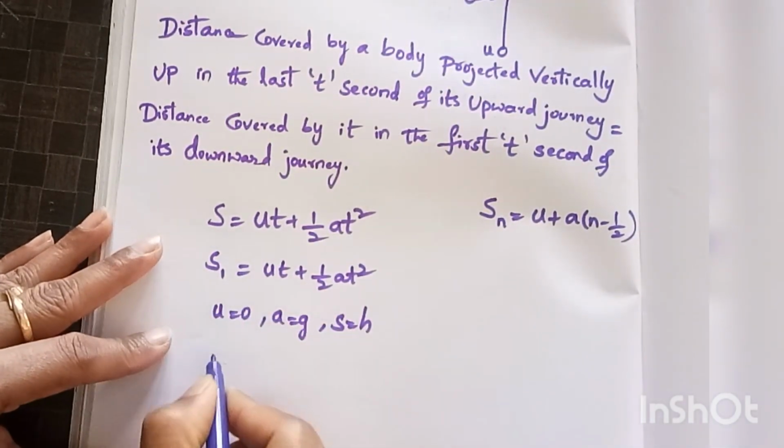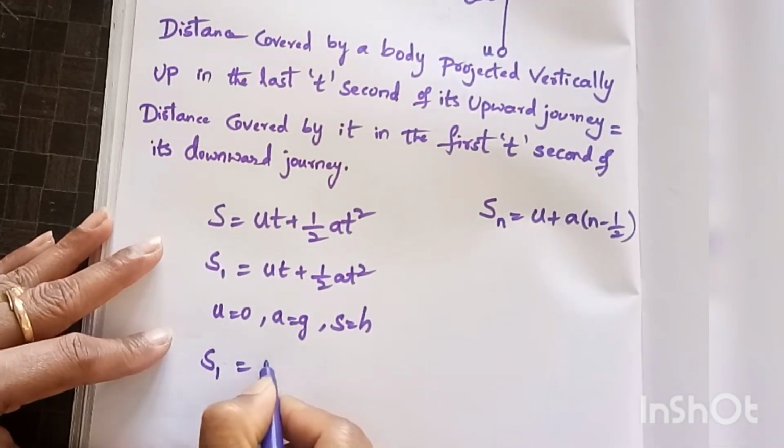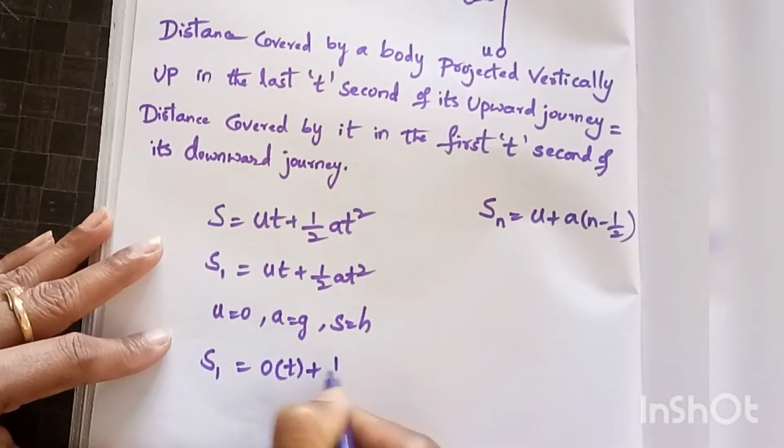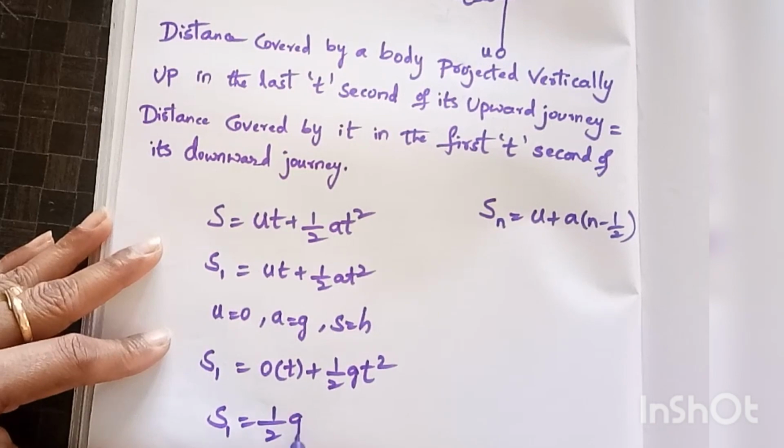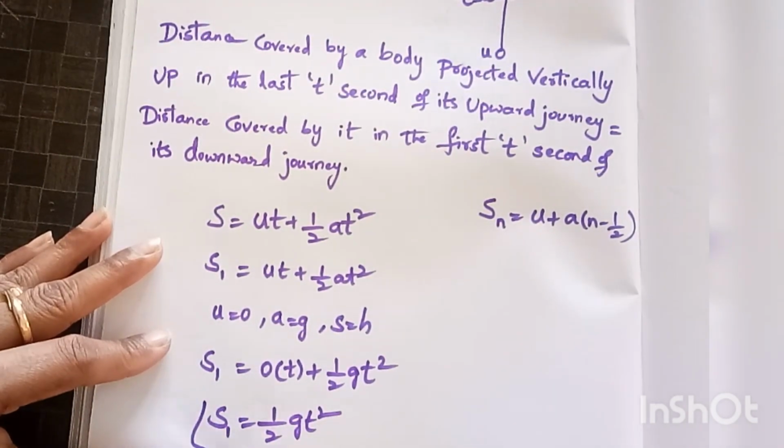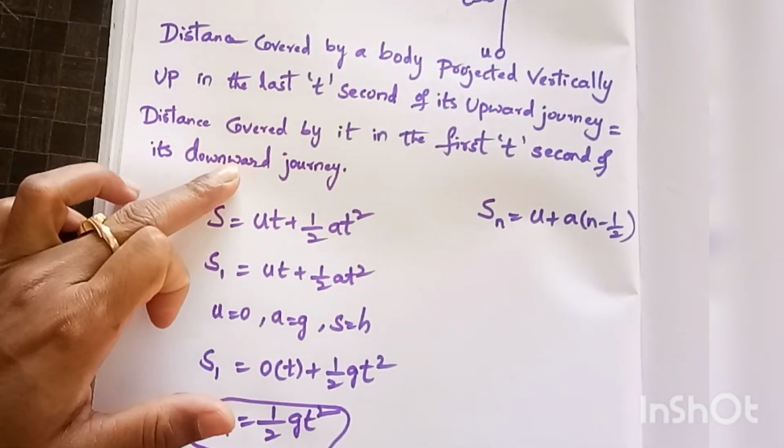Substituting the values, S1 equals 0 into t plus half gt square. So S1 is equal to half gt square. This is the distance traveled in the first t seconds of its downward journey.